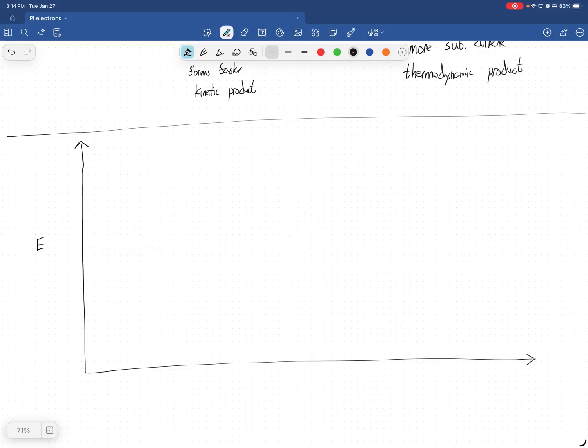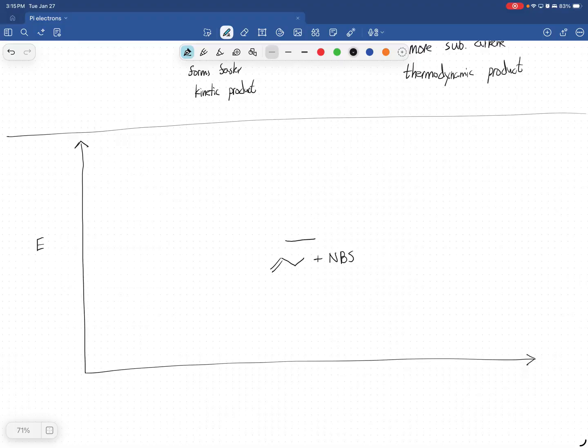Right here in the middle, I'm going to write my reactants. And here's NBS. So remember, that's the reagent we use to generate the bromine radical. Okay.